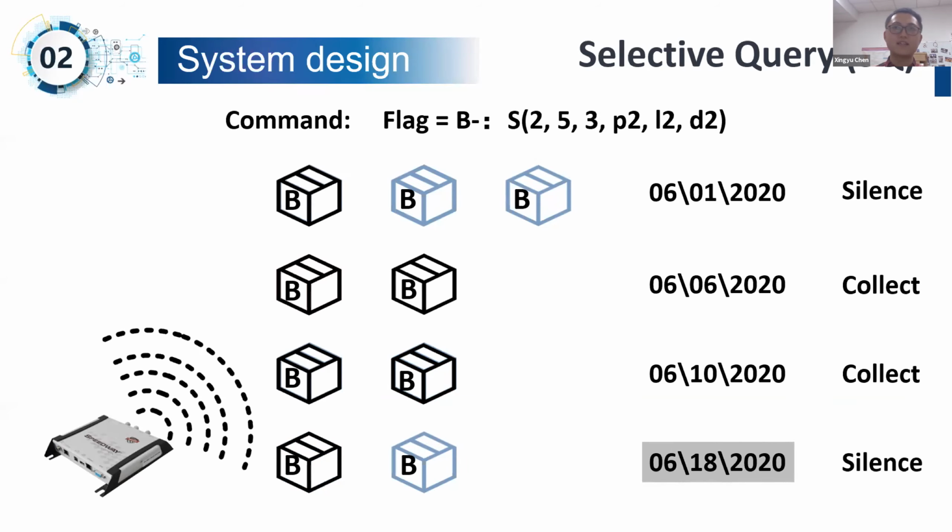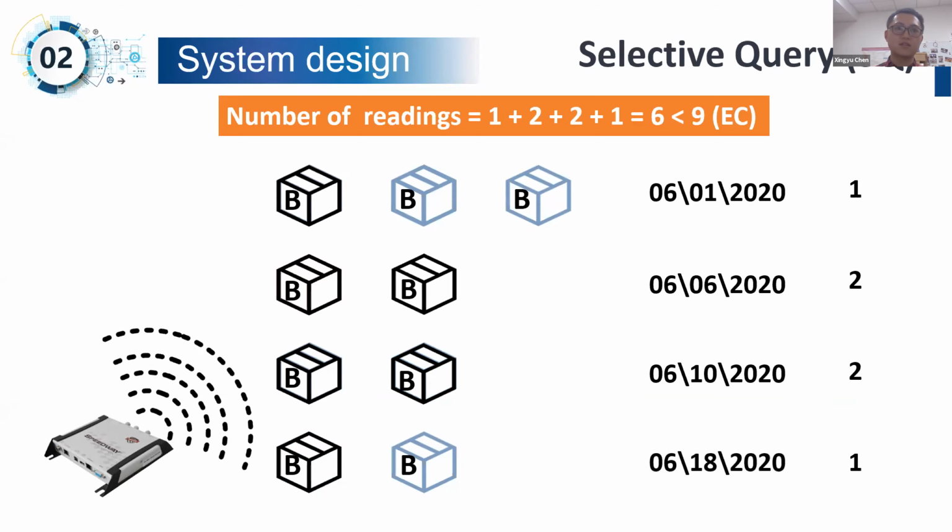As we can see, through selective query, the four target tags are successfully collected. In this case, the selective query uses 6 readings to collect 4 target tags. 3 unnecessary readings of the non-target tags can be avoided.